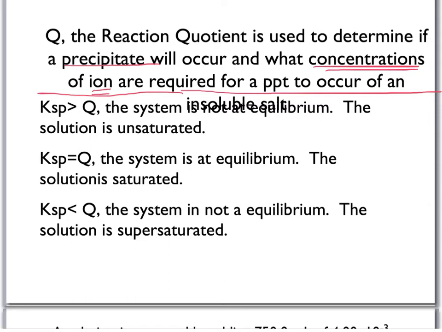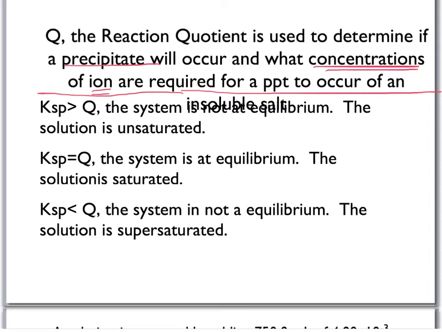It should say Q, the reaction quotient, is used to determine if a precipitate will occur and what concentrations of an ion are required for a precipitate to occur of an insoluble salt. That insoluble salt text is overlapping over the second part of the PowerPoint.